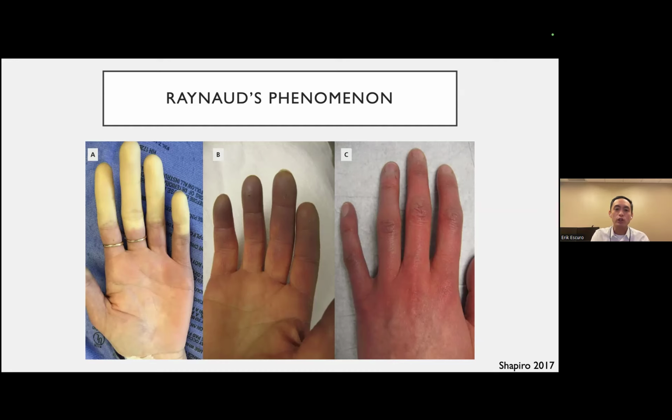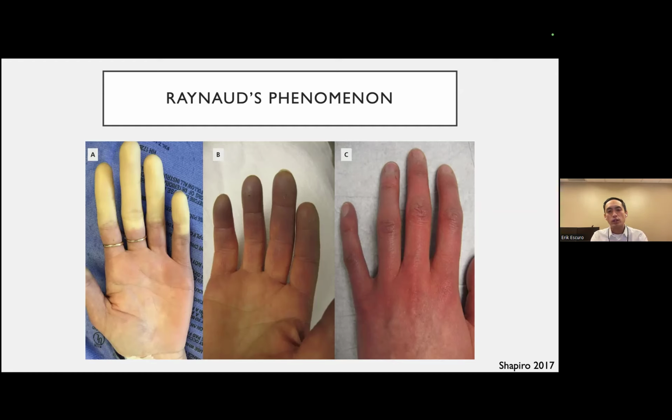And if you actually look closely, you'll see that this has probably been happening for a while because this patient has also developed some ulcers to their fingertips, which is suggestive of long-term tissue damage from lack of oxygen. And then picture C is the reperfusion erythema, or the redness that comes as the patient is able to warm their hands back and blood flow returns to the extremities. So this is a typical finding in Raynaud's phenomenon.